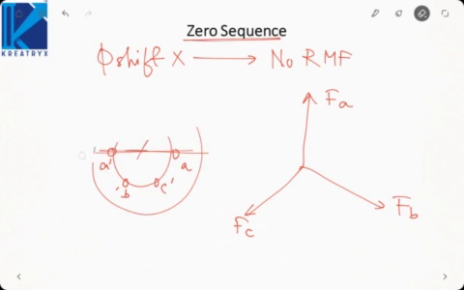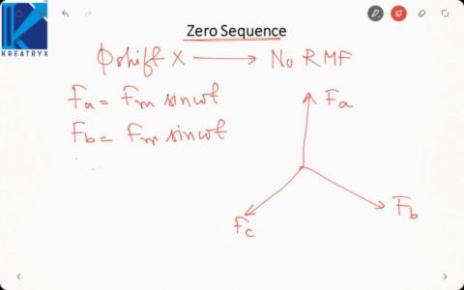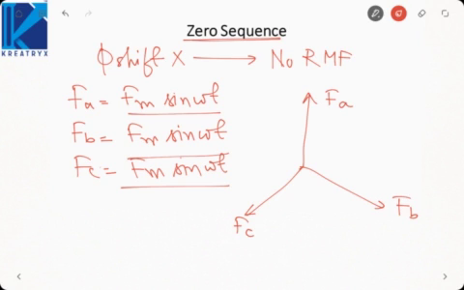Now, since all have the same phase, FA will be equal to Fm sin omega t, FB will be equal to Fm sin omega t, FC will be equal to Fm sin omega t. Since all have the same phase, they will have the same magnitude at every instant, so their resultant will be 0.